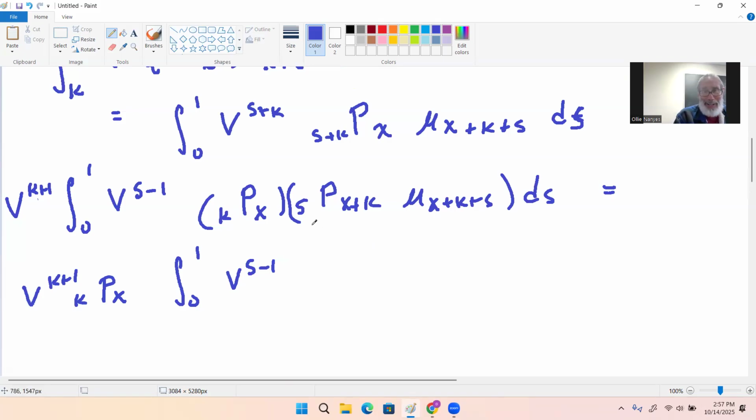Now this part right here, this is where we're going to use the uniform distribution of deaths. That, of course, is a density function from S going from 0 to 1. And that, by definition, we said is going to be q of X plus K. So replacing that is the uniform distribution of deaths assumption.